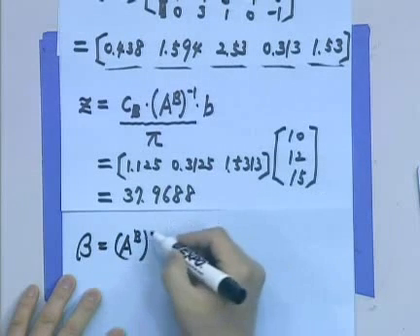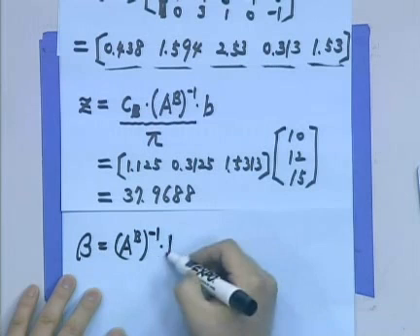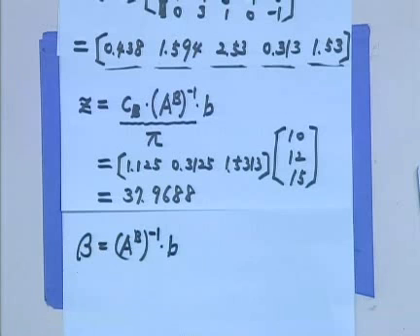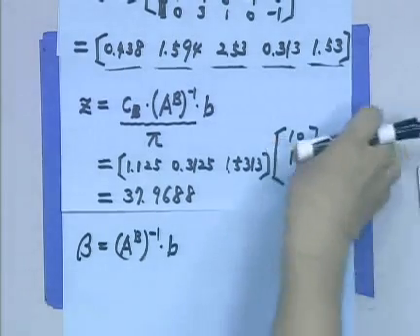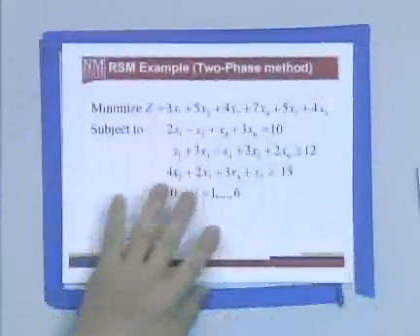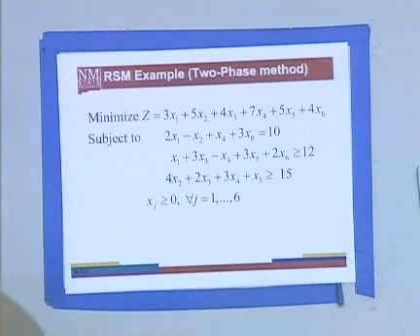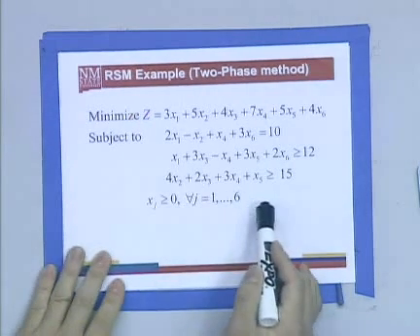That is the basis inverse matrix times the right-hand side values from the original table, right? So we have solved this problem using the revised simplex method. Okay, next, let's try to construct the corresponding dual problem. Okay?